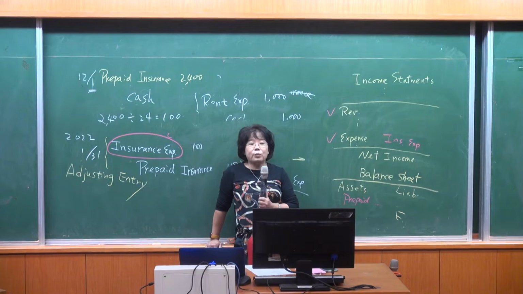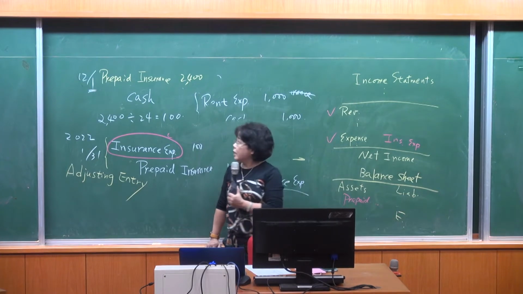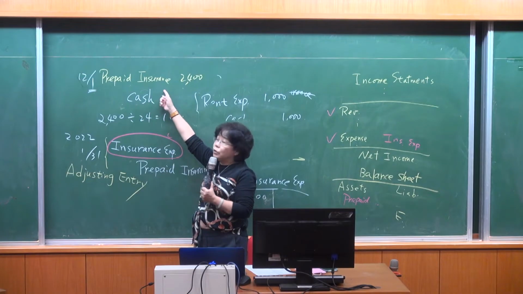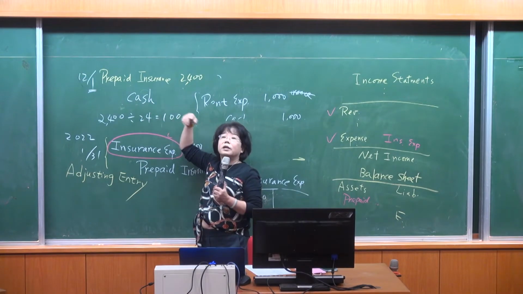Sometimes you pay or receive the money before the expense or revenue is recognized. For example, prepaid expense. You pay the money before you receive your rights. In this case, you pay the insurance in advance.